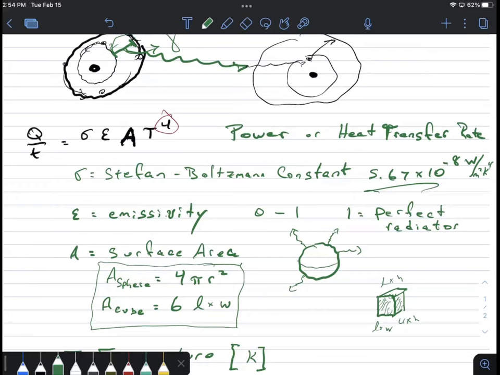So when you talk about a machine, how much work do you do per second? Work is the same as energy. Or what's the power of that motor? Well, the power relates to how much energy, how much work this motor is going to do to turn your tires, for instance. So a lot of times when we talk about radiation, what the question may ask is what power is radiated by the star, rather than what's the heat transfer rate. Okay. Either way, what we mean is Q over T. So if you hear the word power, just know it's the same as Q over T.